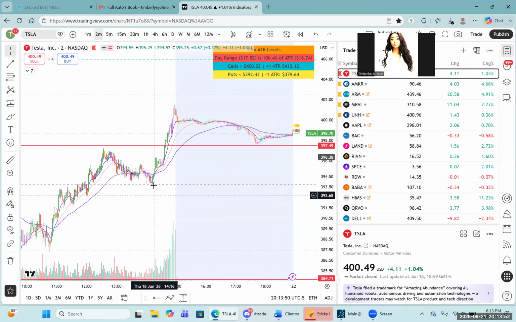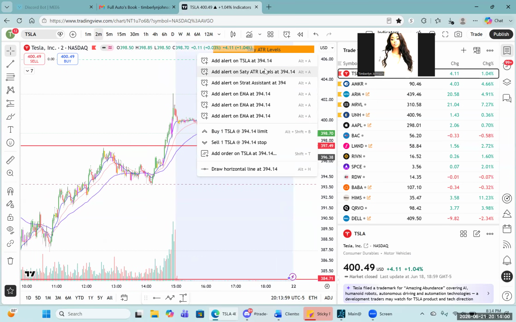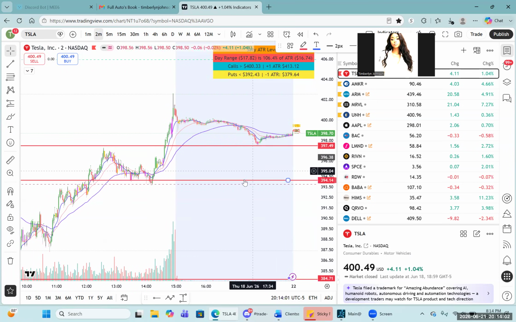Okay. So I feel like this is a good example right here too. So let's say I got in Tesla calls, right? Let's say right here, I got in Tesla calls. I see that we bounced off this 394 area and we went all the way up to 397. Now, why I wouldn't take this, I don't know, but let's say I did not take this and Tesla went back down, right?